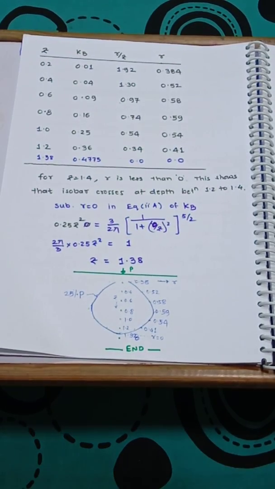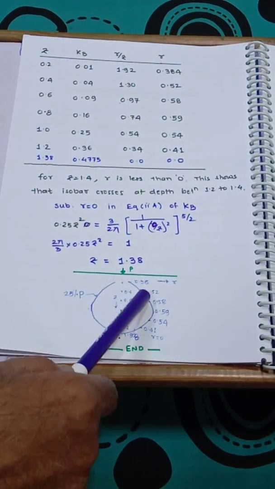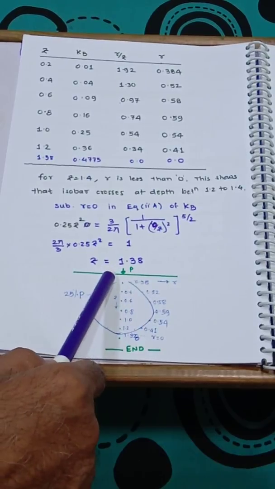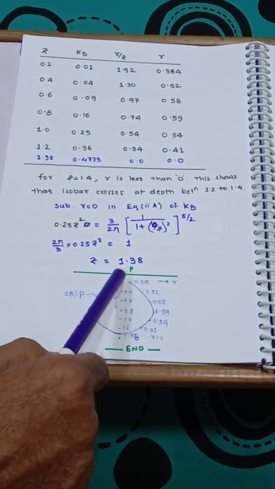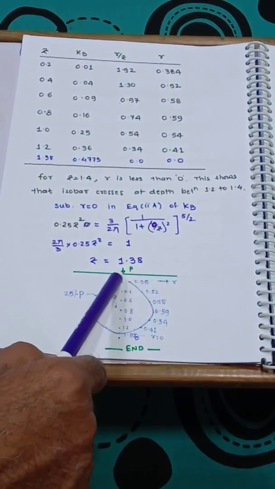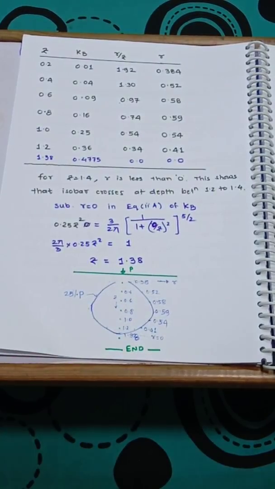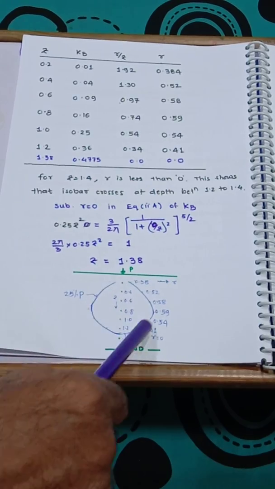Now what is the specialty here? If I increase the intensity, this is for 25%, if I go for 50%, as we know the stress close to the surface is very high. As we go away, the stress decreases. So this is the pressure bulb of 25%.